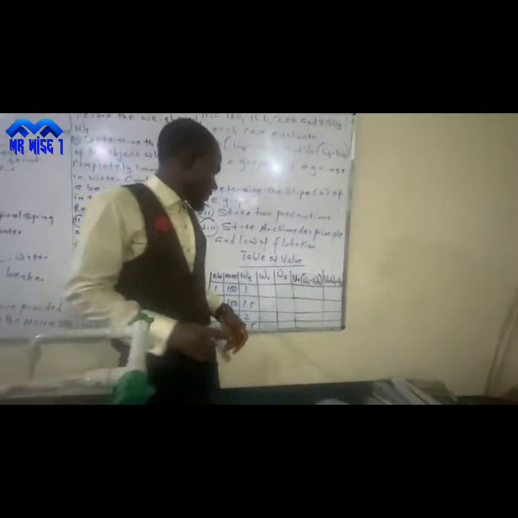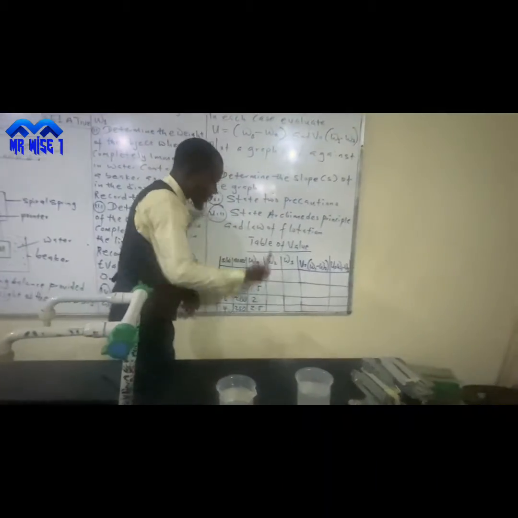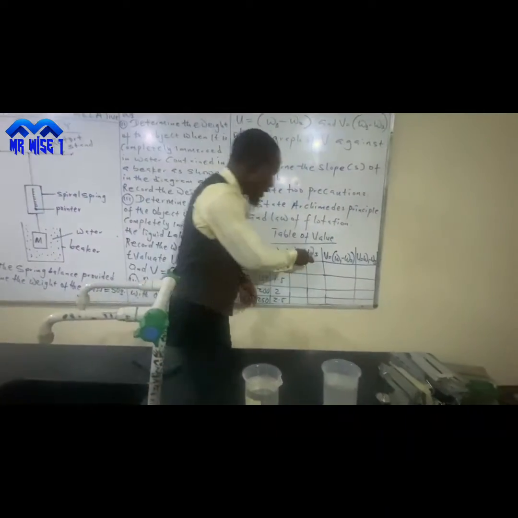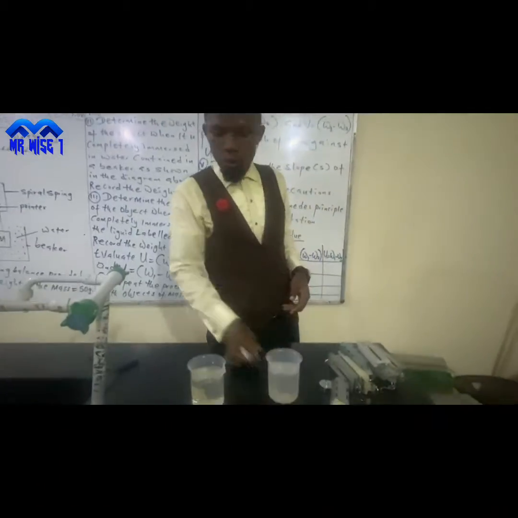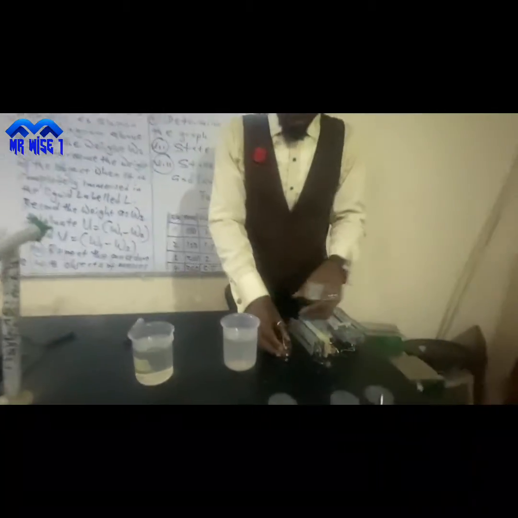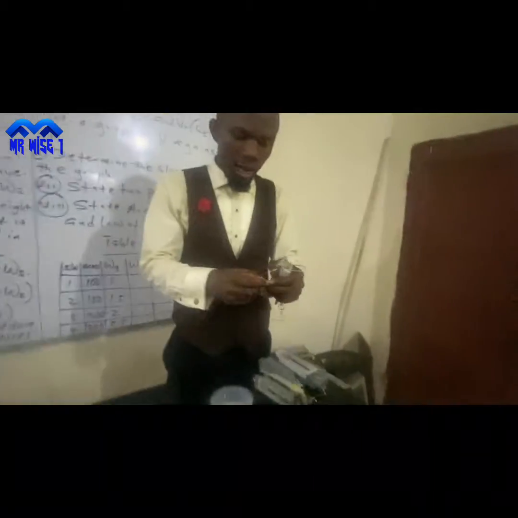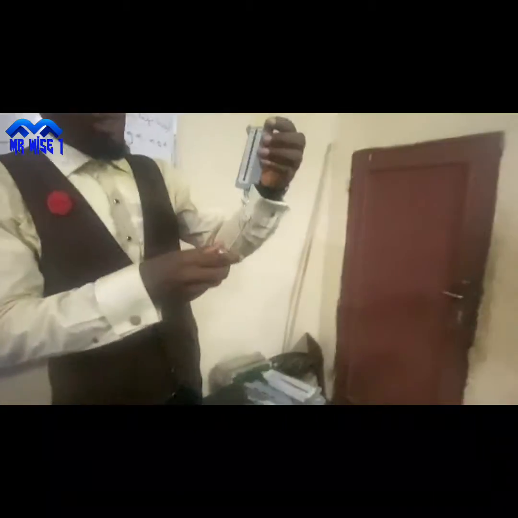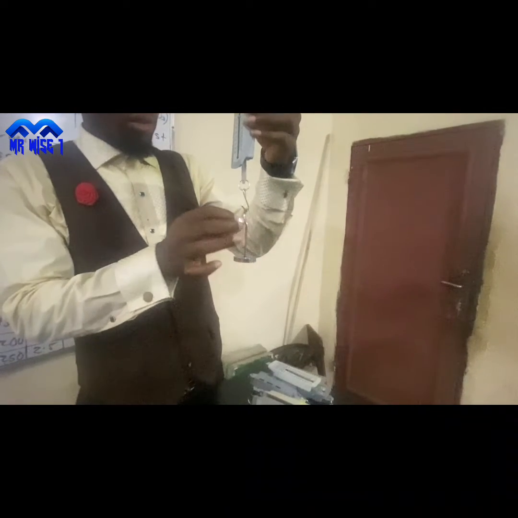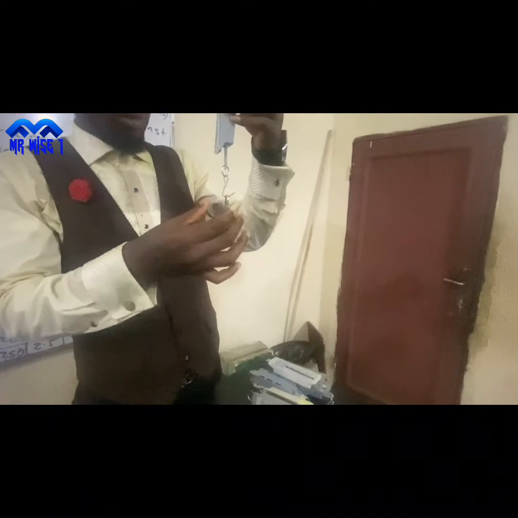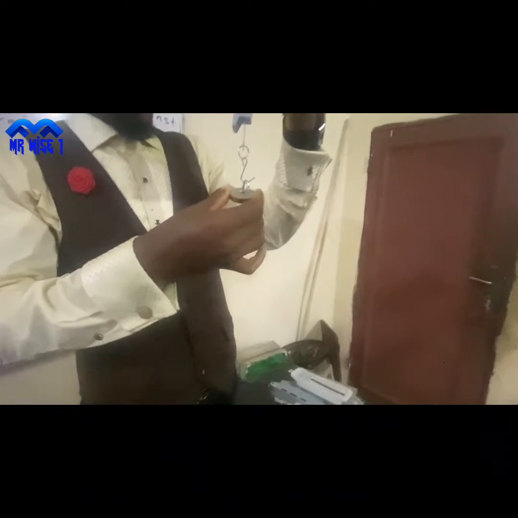So let's proceed. Let me get my weight in water, and my weight in kerosene, because the liquid is the kerosene, and this is my water. So this is my mass hanger. I'm going to put it on my spiral spring. So look at what I'm doing.